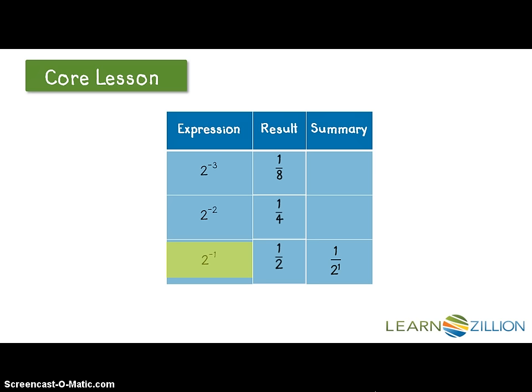I wonder if that holds true for 2 to the negative second power. It's 1 divided by 4. 4 is the result of 2 to the second power. So 2 to the negative second power is equal to 1 divided by 2 to the positive second power. Interesting. Does that hold true for 2 to the negative third power? Well, we know that 2 to the positive third power is equal to 8, so 2 to the negative third power is equal to 1 divided by 2 to the third power. Isn't that cool how that works?